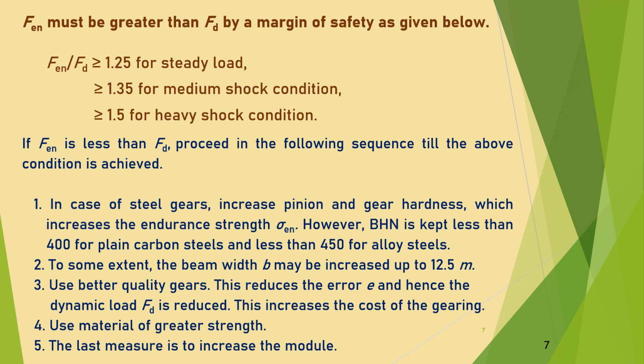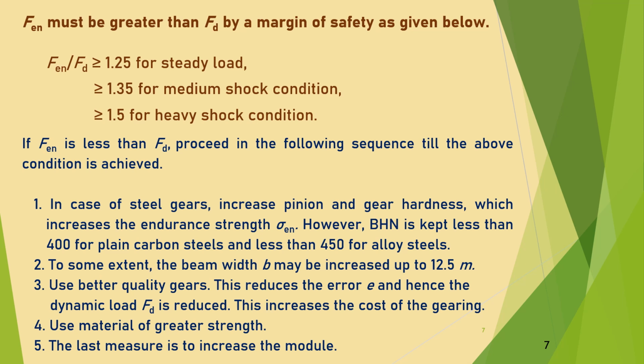If the endurance strength Fen is less than the dynamic load Fd, proceed in the following sequence till the above condition is achieved. In case of steel gears, increase pinion and gear hardness, which increases the endurance strength sigma en. We have seen that sigma en is related to the hardness of the material.